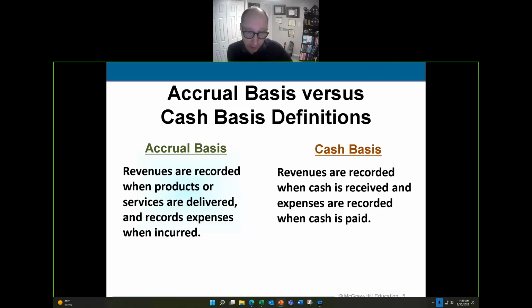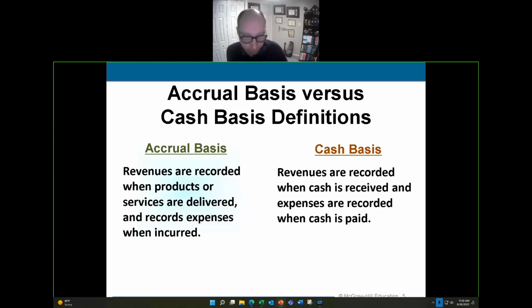In the accrual based system, we also use accounts like accounts receivable and accounts payable. Accounts receivable is when I've made the sale to the customer, I provided the good or the service to the customer, but they have not yet paid me. That creates what's called an accounts receivable. I, the company, expect to receive that cash from the customer based off of the sale.